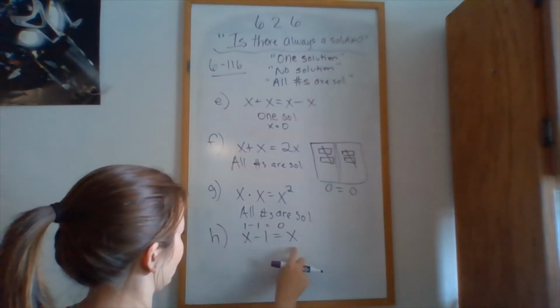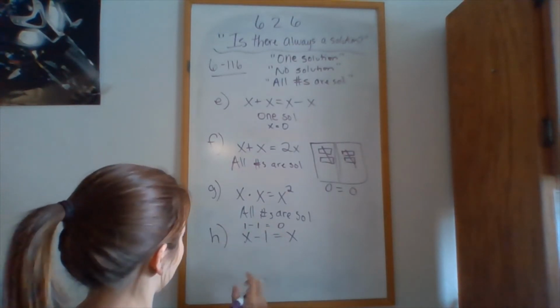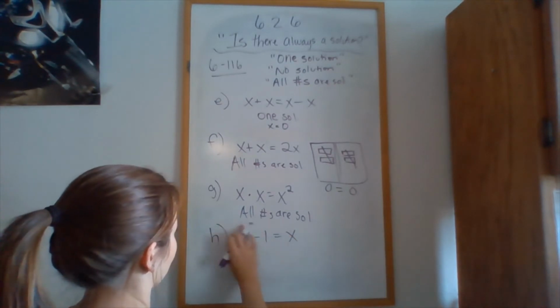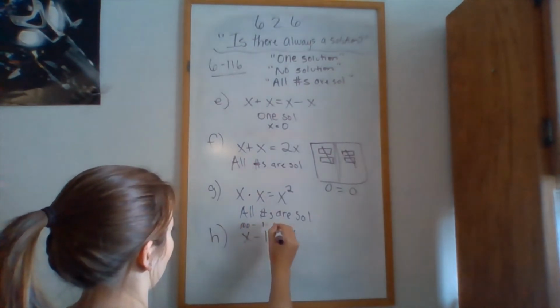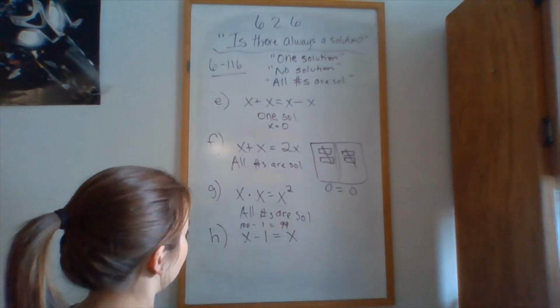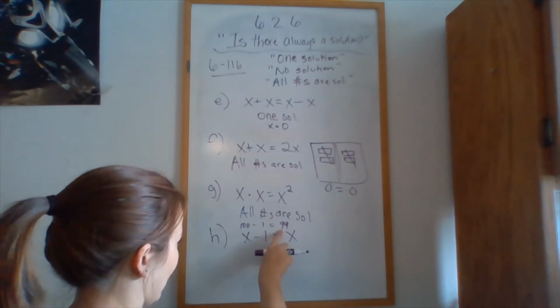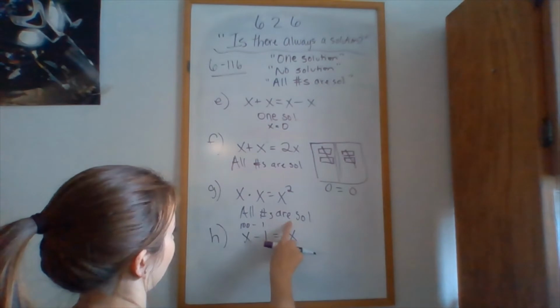So if this matches this, then it works, but 1 doesn't match 0. Let's try another one. Let's try 100. 100 minus 1 equals 99. 100 doesn't equal 99, so that wouldn't work.